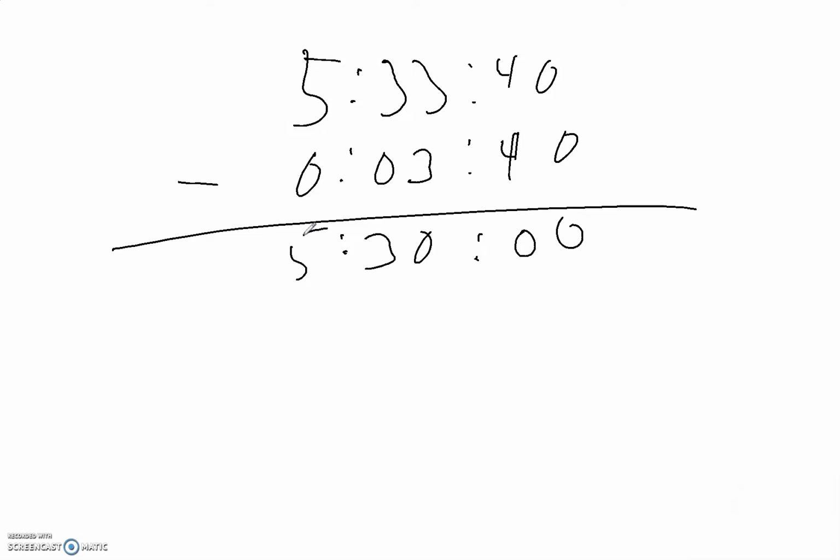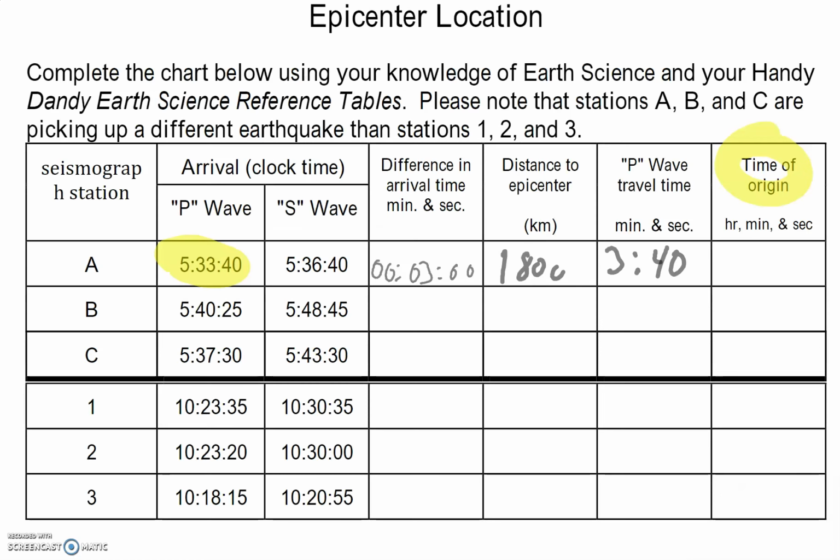All right, that's when this earthquake happened. So we would go here and we would say 5:30. So that's when this earthquake actually took place. Heads up, all of these answers should be 5:30 or within a minute or so, okay?